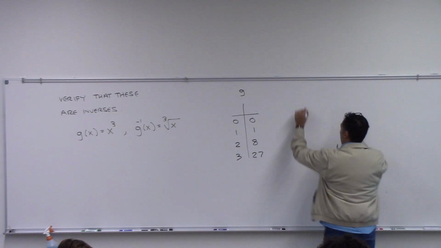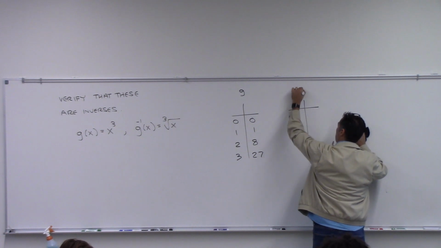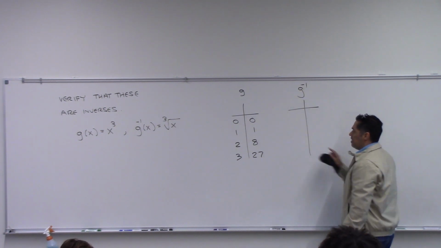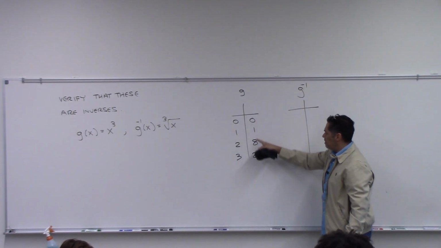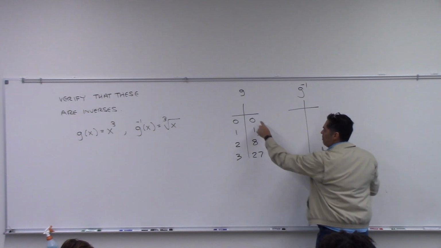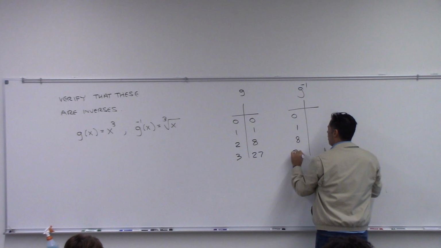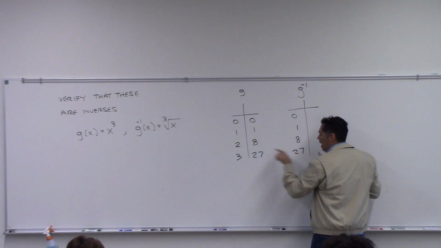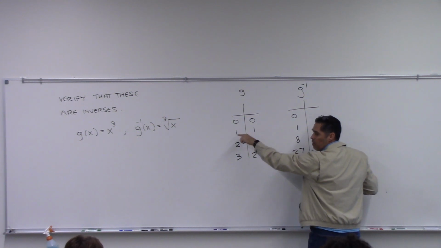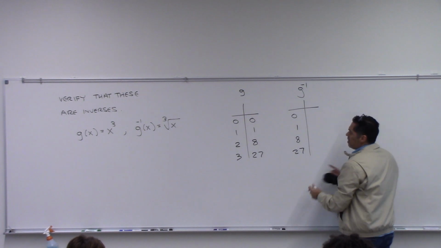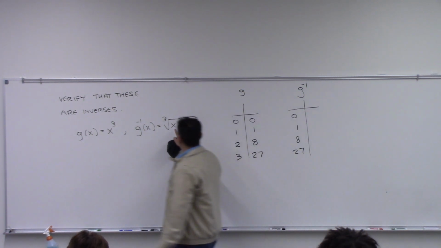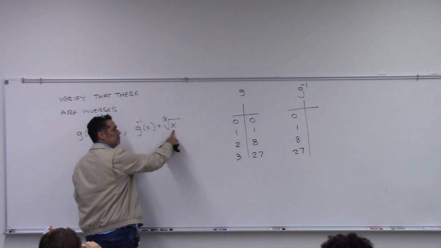All right, let's take a look at that inverse. Does it undo these? Does it send these back to where they came from? So I'm going to take these numbers and put them into the inverse, and see, does this go back to 3, 2, 1, 0? What's the cube root of 0? 0, right?